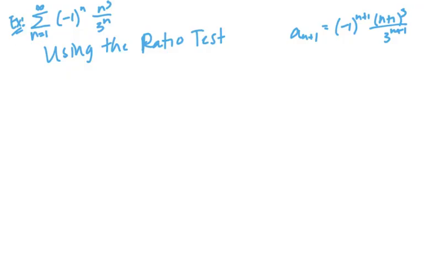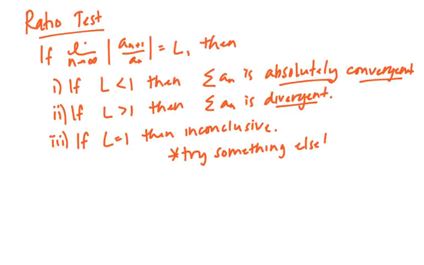So we're going to use the ratio test, and we're going to look at the limit as n approaches infinity. Now this is a big fraction here, because we have a n plus 1 over a n. We need to look at this limit.